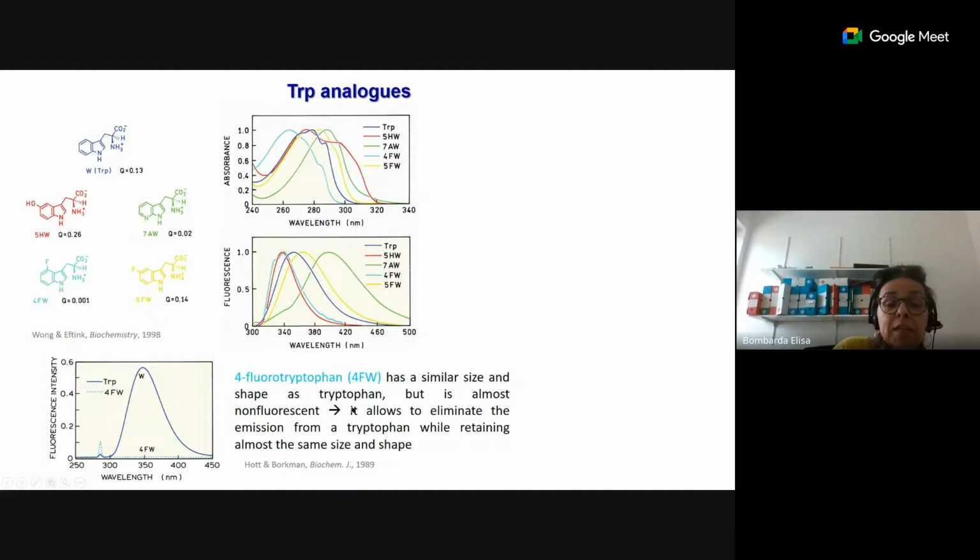Since it is very, very similar to the natural amino acid, it can be substituted, for example, in a multi-tryptophan protein.